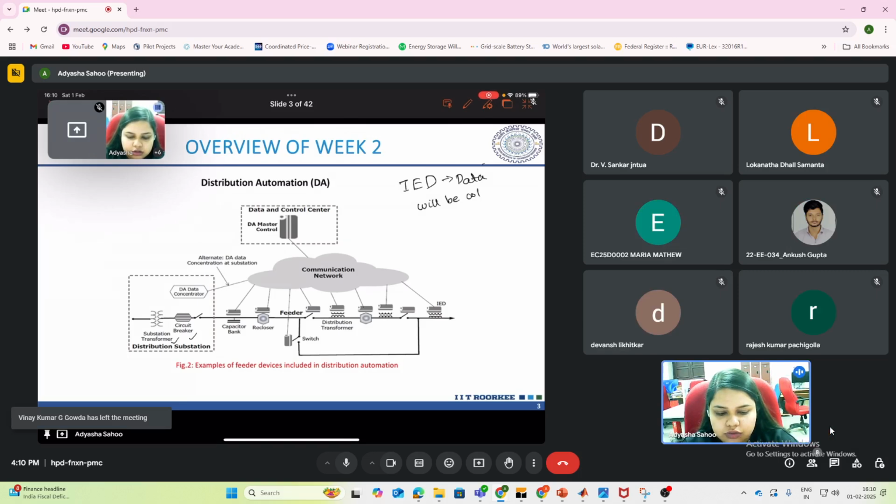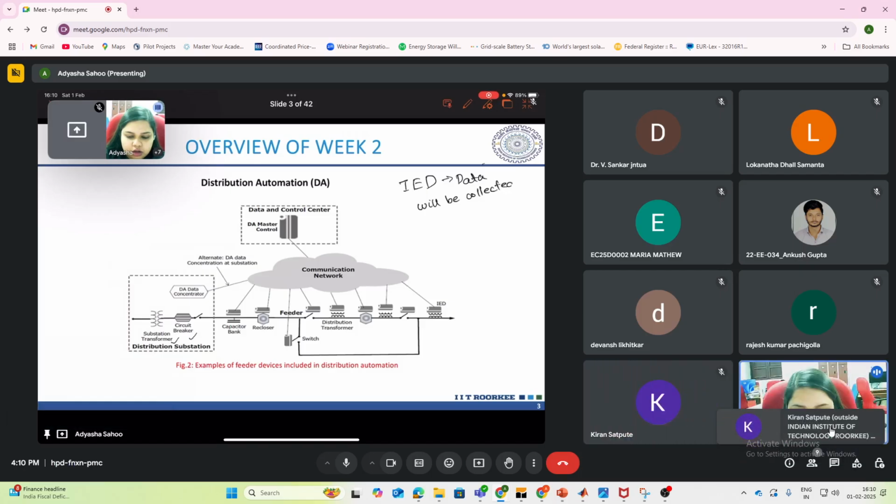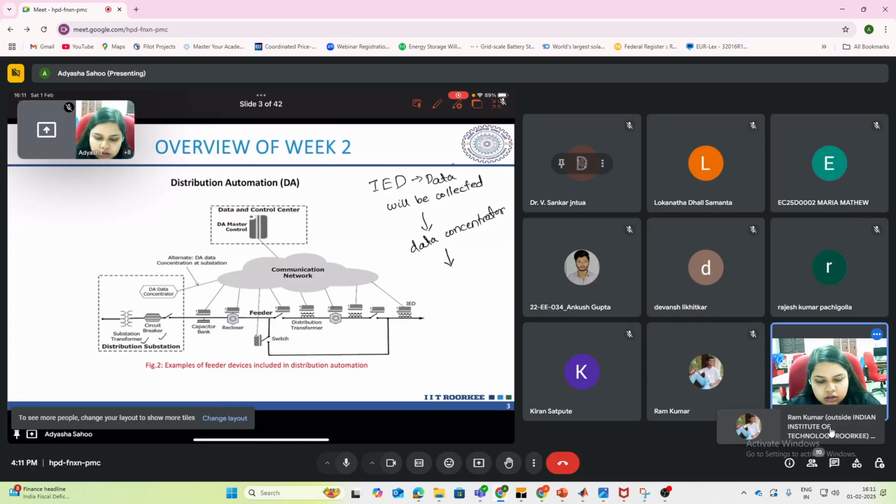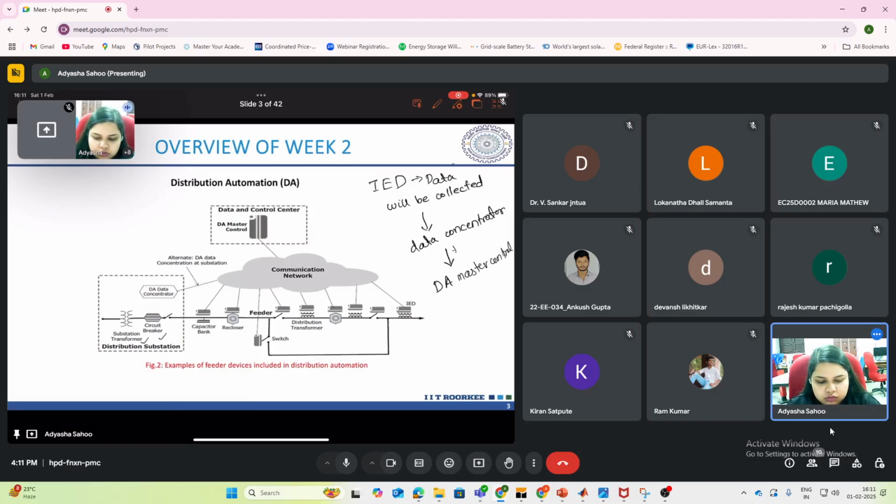So through these devices, the data will be collected, and then with the help of a data concentrator, this data will be communicated to your distribution automation master control station through the data concentrator.